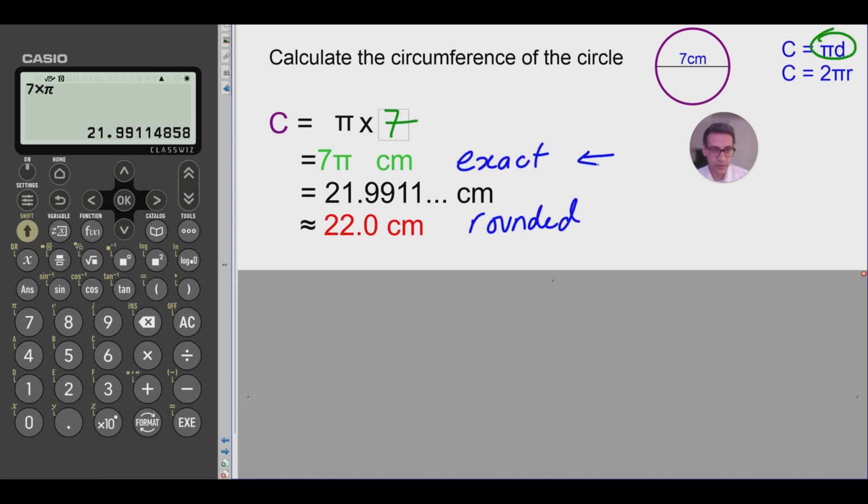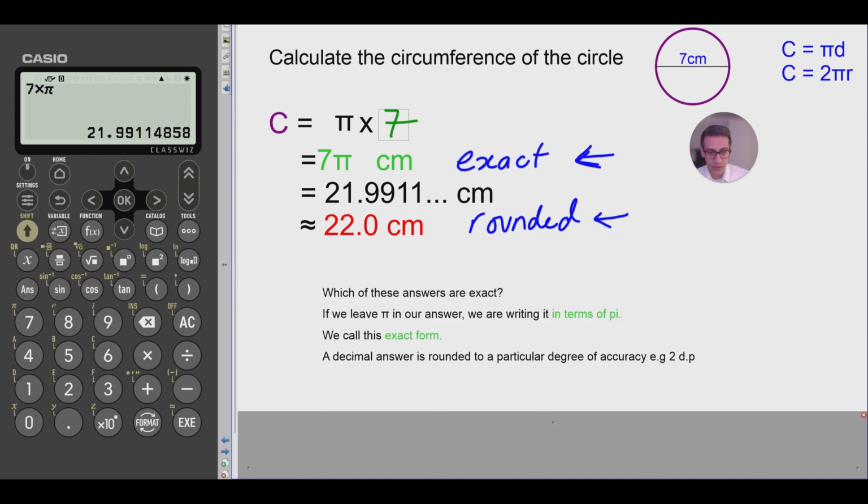So both of these answers are equally important, and you're expected to write both answers for all questions, except for non-calculator questions where sometimes you just leave it as an exact answer. So this topic could very well be a non-calculator topic, in which case you're not going to be expected to do 7 times 3.14159 without a calculator. You're never going to be expected to do that. So the exact answer should always be written, and the rounded answer should always be written for calculator papers.